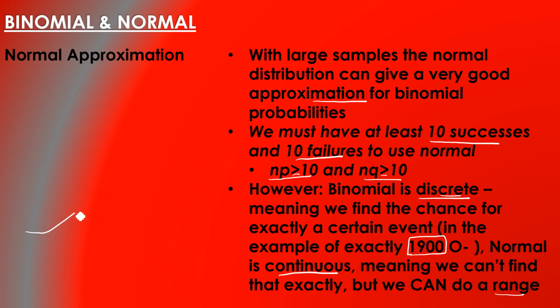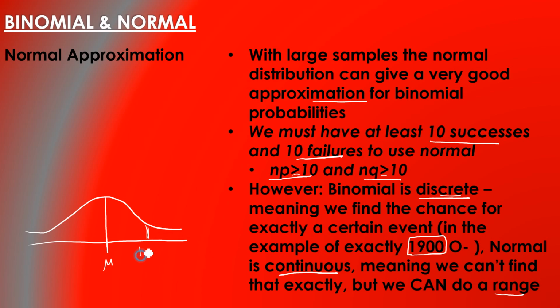If you remember, our normal distribution looks something like this roughly. Our mean is right here in the middle, and we could find a range. I don't know where this 1,900 lands exactly, but let's say it is over here.